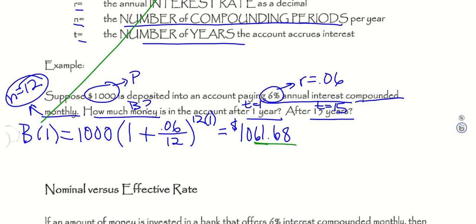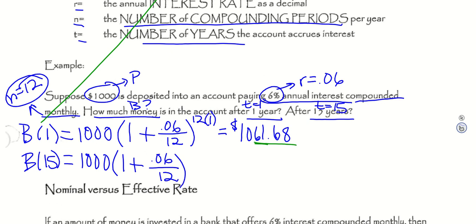Okay, let's look at what happens after 15 years. So if we find the balance after 15 years, we've got our $1,000 initial deposit. We're going to multiply that by 1 plus 0.06. We're still compounding monthly, so we'll divide that interest by 12, and then we're going to calculate and add that interest 12 months a year for 15 years, right?